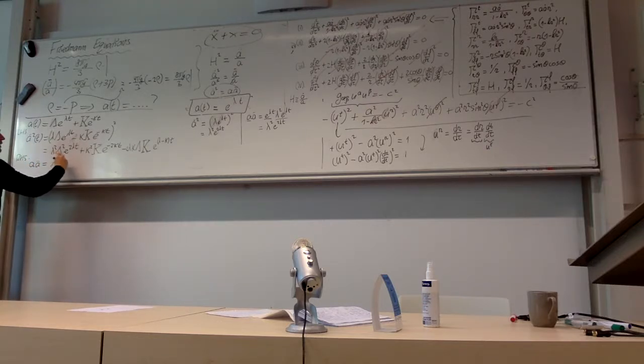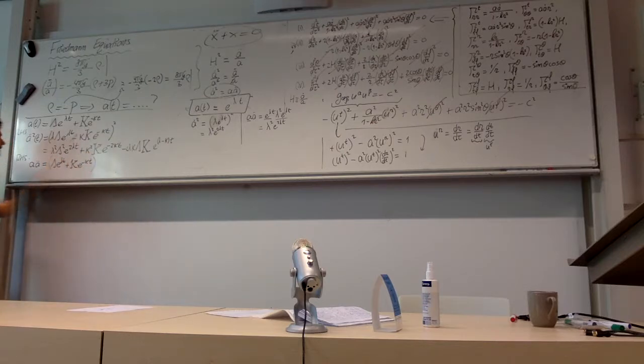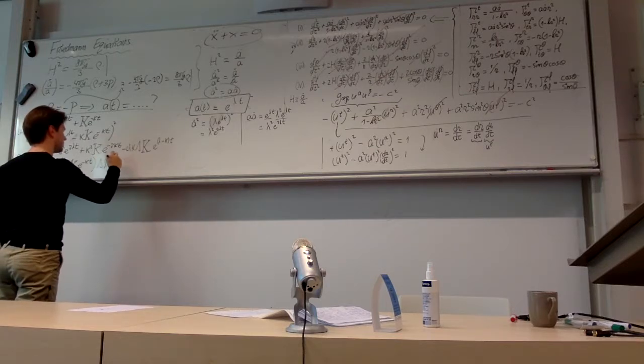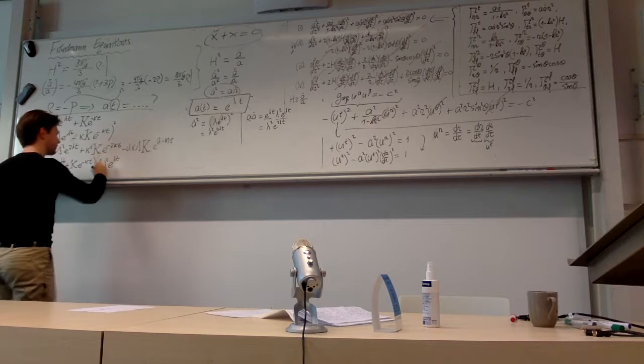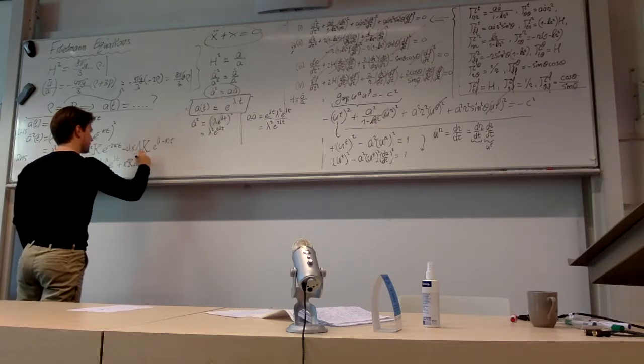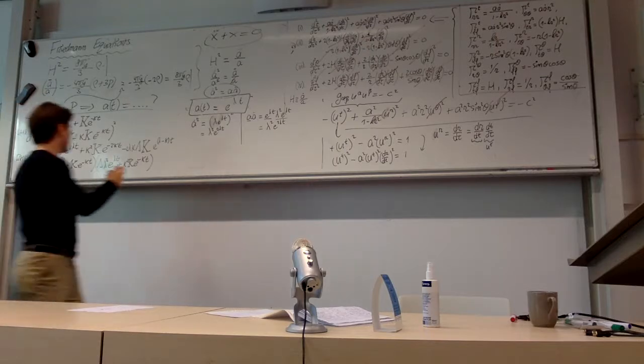Again, I might be going a little fast through this. It's really just because it's just basic mathematics. This one times the second derivative. Okay. I think that's correct. Multiply everything else.